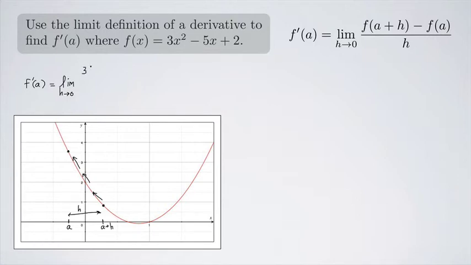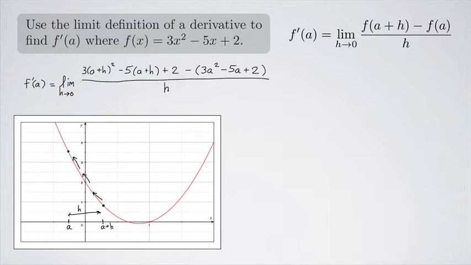So that's going to be 3 times a plus h squared minus 5 times a plus h plus 2. And then minus f of a, 3a squared minus 5a plus 2. And this whole thing is all over h.